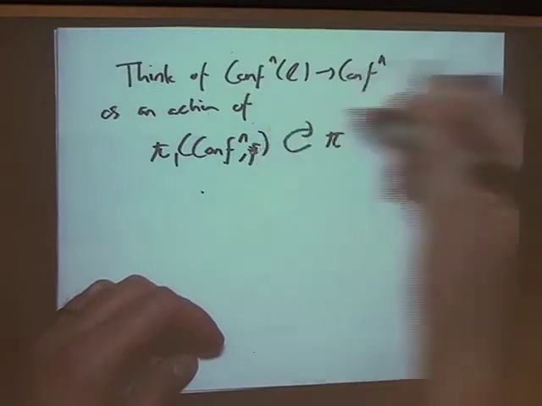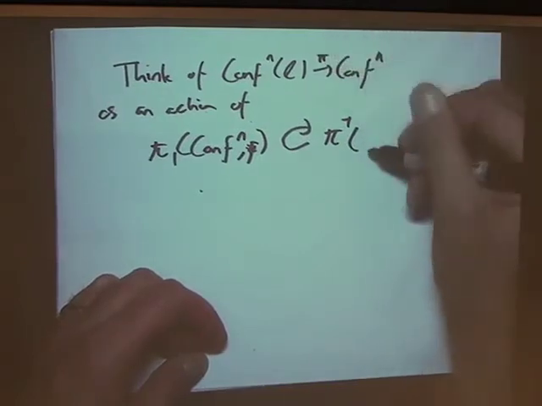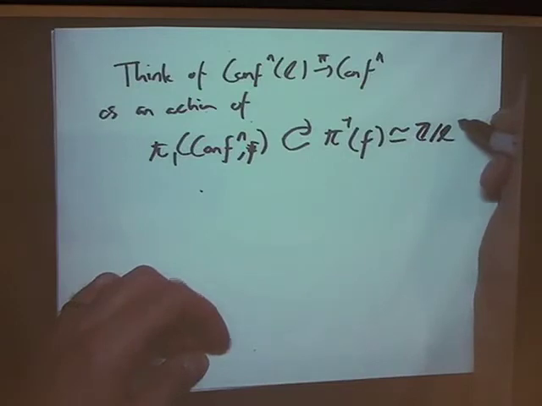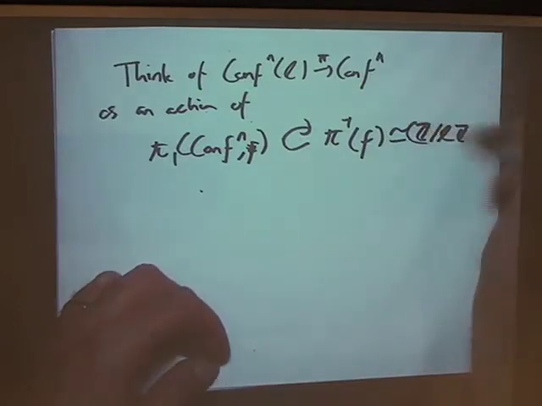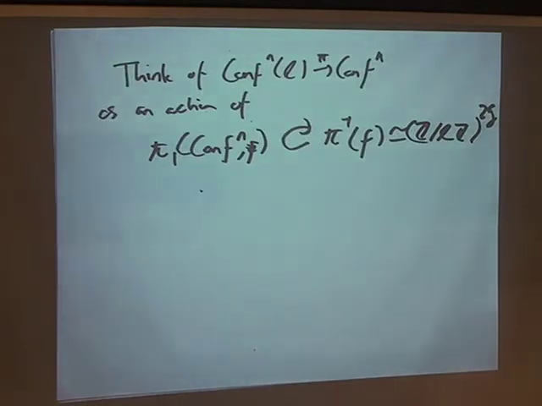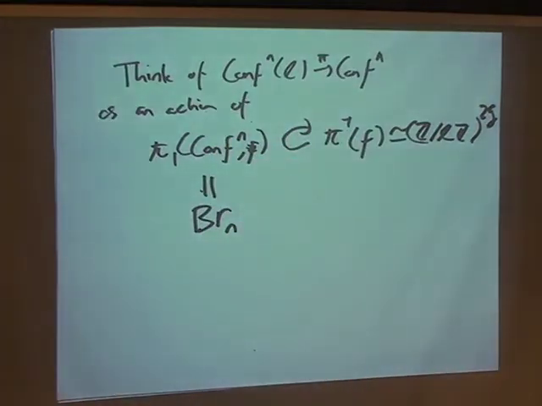Maybe I'll call the fiber F. On the fiber of this map, F, which is isomorphic to (Z mod LZ) to the 2g, this pi 1 we've already seen is the braid group on n strands, right? That's something we've already discussed. So the braid group is always going to be an actor in this setting. So you have the braid group acting on the set (Z mod LZ) to the 2g.